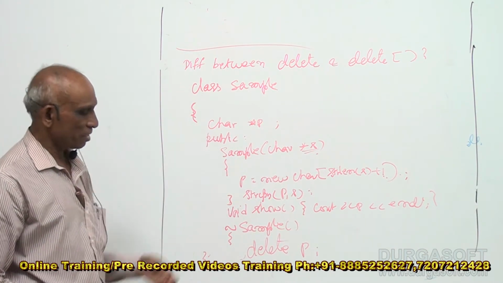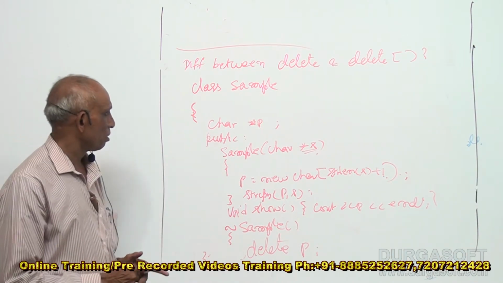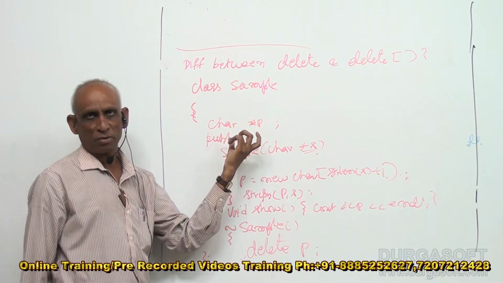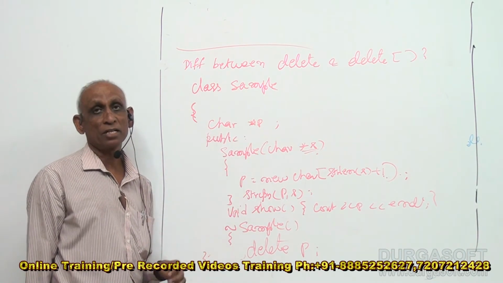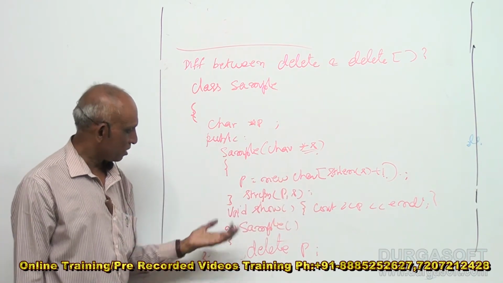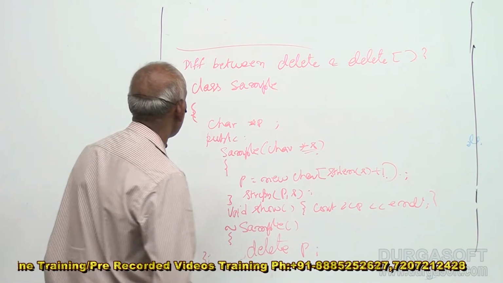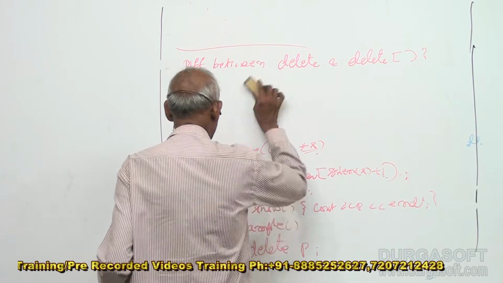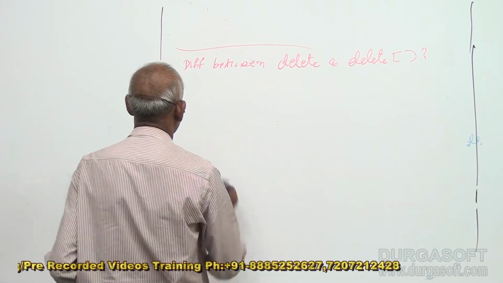So it has a character star pointer as a member. So here character pointer means there is no memory here. Memory has to be dynamically allocated by the constructor. So we have a constructor that allocates dynamic memory and a destructor which will deallocate it. Now how do you use this in the main? Let us see. Main program.